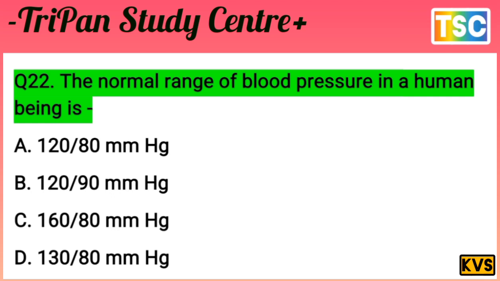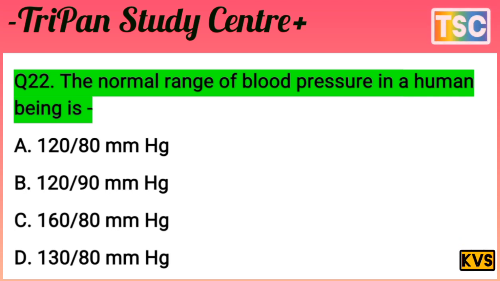The sphygmomanometer measures blood pressure, and the normal range of blood pressure is categorized as less than 120 upon 80 mmHg.